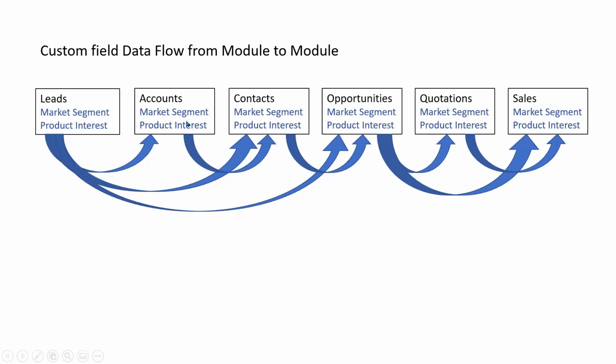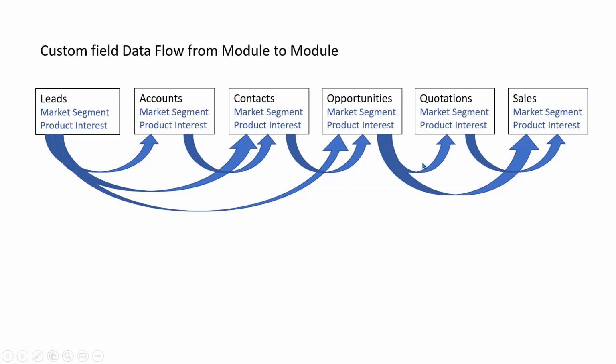You can now use accounts. So you will put the same data fields in accounts. When you create a new contact, then it will flow into that new contact record. And when you create a new opportunity, it would flow from there, okay?